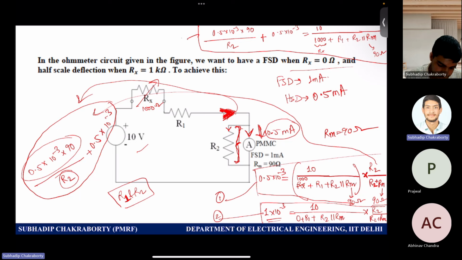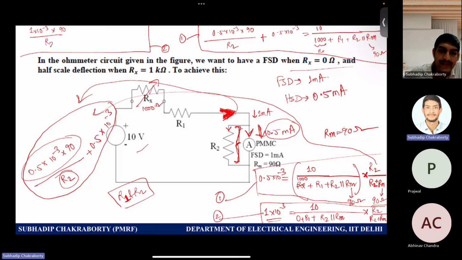This is one equation, and second equation similarly you can write. This is 1 milliampere. So 1 into 10 to the power minus 3, this much current flows through 90 ohm, then that is the voltage drop in that case across R2.